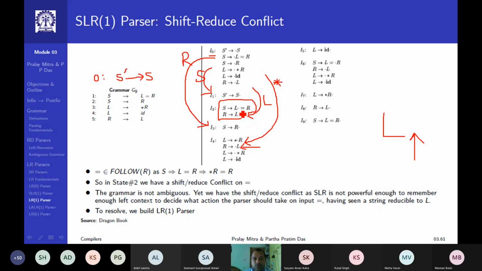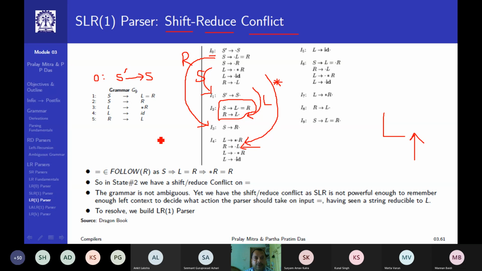One, you can shift dot for this assignment operator, or you can reduce following production rule 5, that is the second item of state 2. Hence, there is a shift-reduce conflict. We don't have lookahead information now.